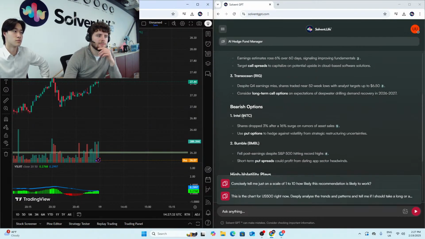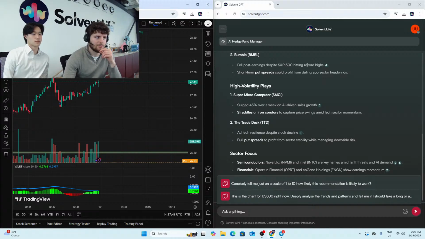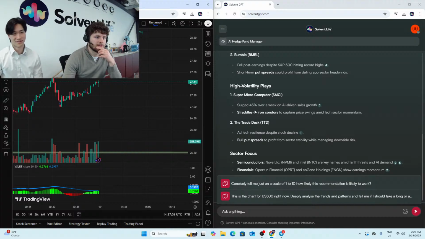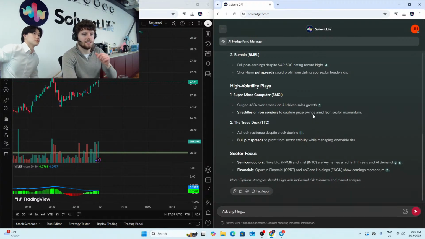And then we had some bearish options. Bumble was one of which. It fell post earnings despite S&P 500 hitting record highs. Short-term put spreads could profit from dating app sector headwinds. Fantastic. So some potential option trades we could go ahead and place.